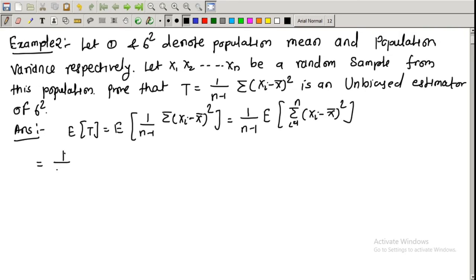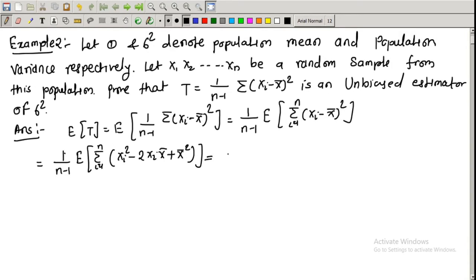So 1 upon n minus 1 expectation of summation over i going from 1 to n of xi square minus 2 times xi into x bar plus x bar square. So it is like a minus b whole square, a square minus twice ab plus b square.